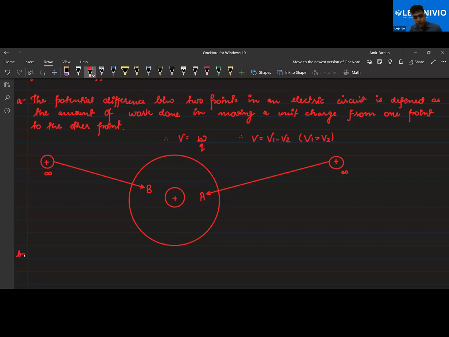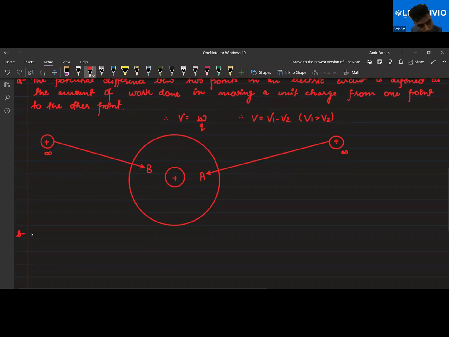So potential difference is also called volt.